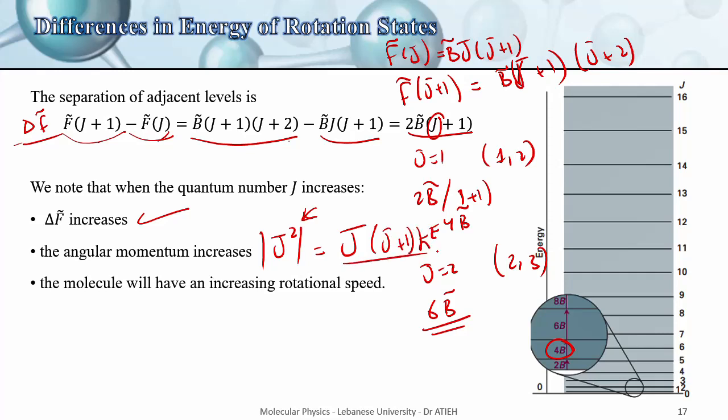So as J increases, the angular momentum will increase. So if the angular momentum is increasing, the rotational speed will increase because J is equal to I omega classically. So for higher energy levels, the rotation of the molecule will increase, its angular momentum will increase, and the separation of the levels will increase also.